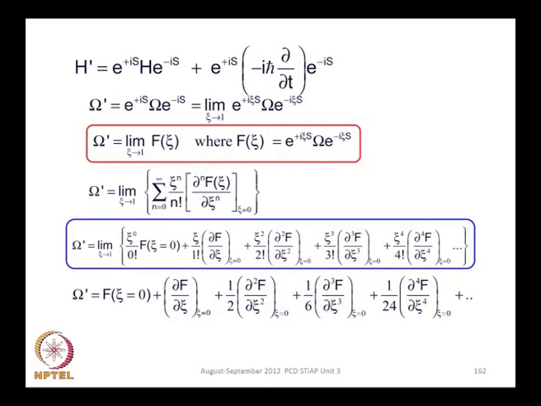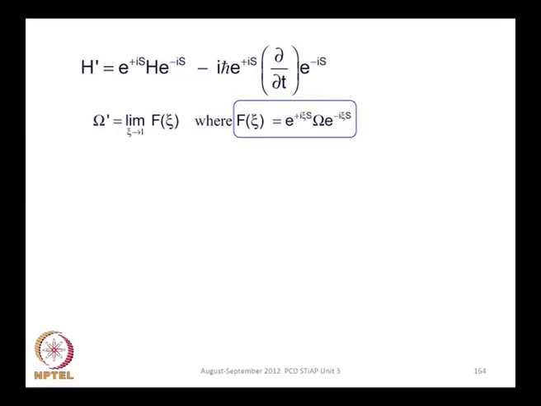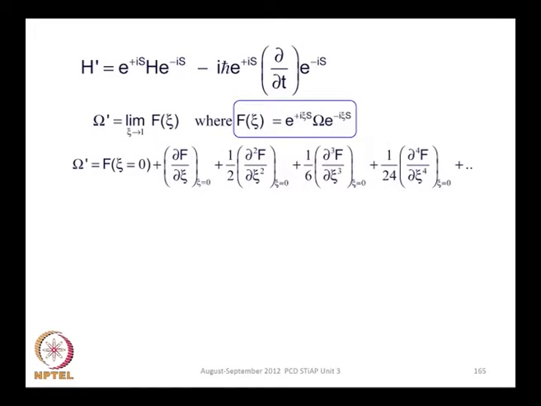So, xi square over factorial 2 becomes 1 over 2, xi cube over factorial 3 becomes 1 over 6, xi to the 4 over factorial 4 becomes 1 over 24, and so on. So, that is the kind of set of terms that we get. So, this is your expression for omega, and in general you will need the nth partial derivative of f with respect to xi at xi equal to 0.